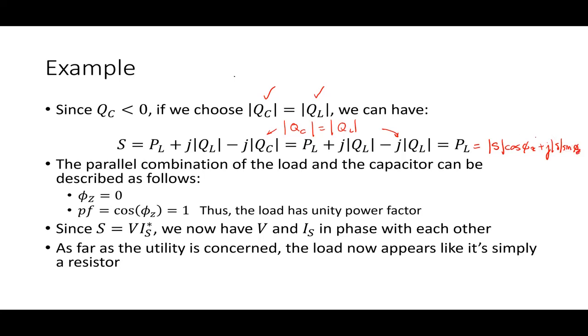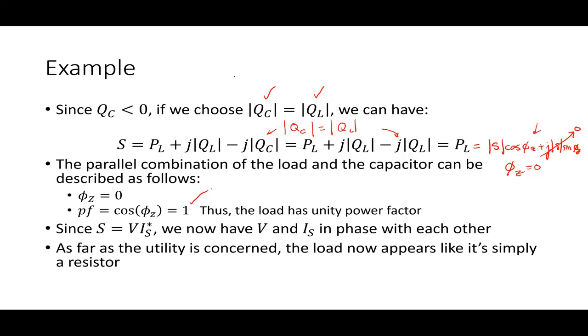Clearly, if this thing is just equal to P, it's got to be the case that phi Z equals 0, so that the cosine is equal to 1 and the sine is equal to 0, and this goes away. For this reason, because the power factor is 1, we call this unity power factor.